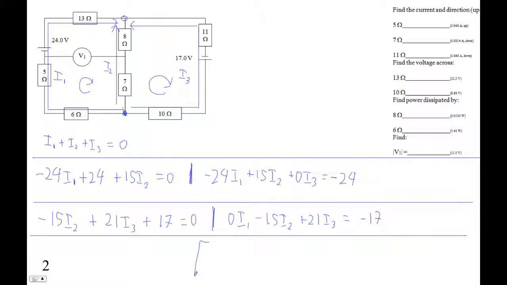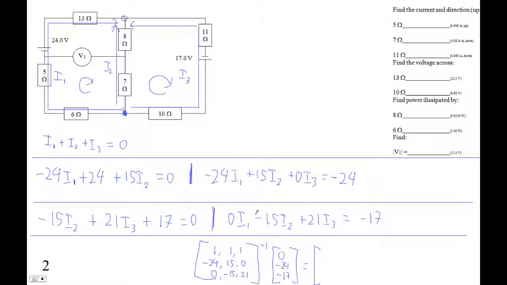I can represent this with the matrix 1, 1, 1; minus 24, 15, 0; and 0, negative 15, 21, to the minus 1, times 0, minus 24, minus 17, and that gives I1, I2, I3.